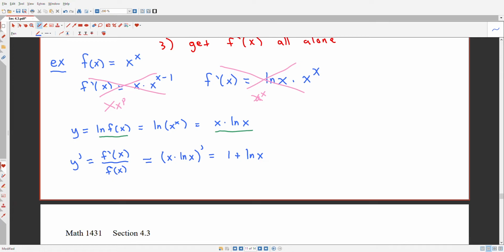Okay, so we're almost done. Our goal, though, wasn't to find the derivative of what I called y. What we're asking for in this question is, what's the derivative of f? So I now want to solve this for f prime.